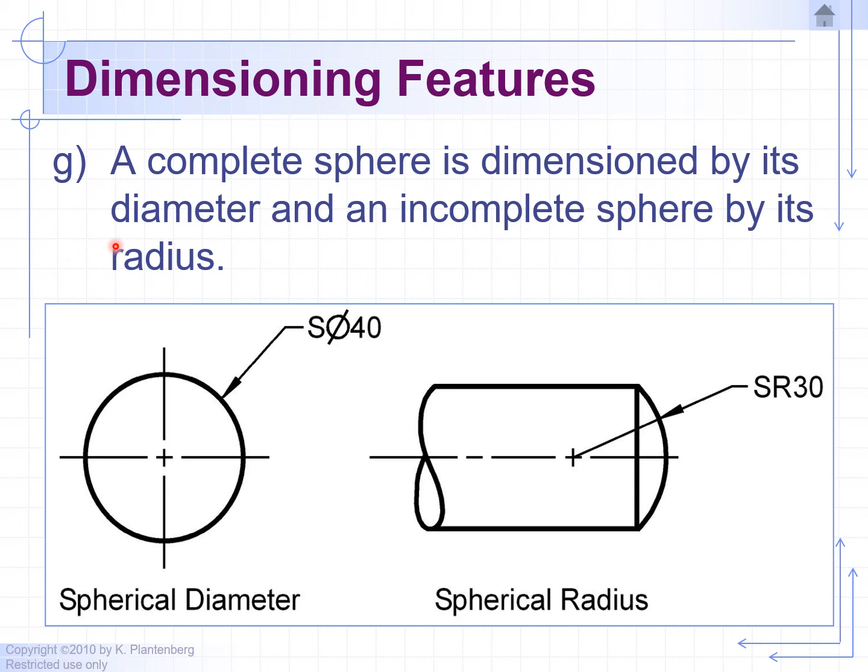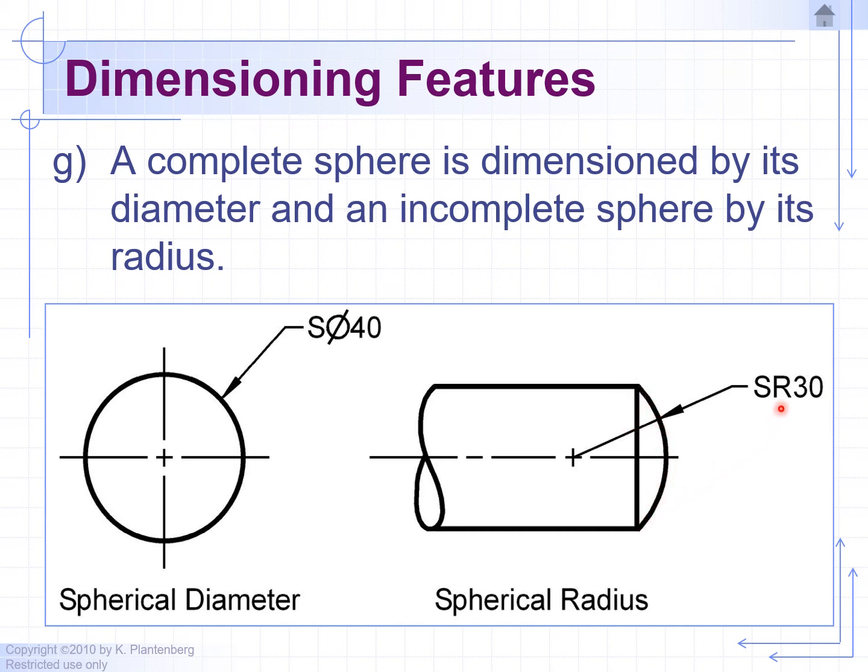A complete sphere is dimensioned by its diameter, and an incomplete sphere is measured by its radius. One simple example is if you play pool, the spherical balls. You dimension it with a spherical diameter. So here we have a spherical diameter of 40 units, measuring all the way across. When you have a partial sphere, like the tip of a pool stick, that's a partial sphere.